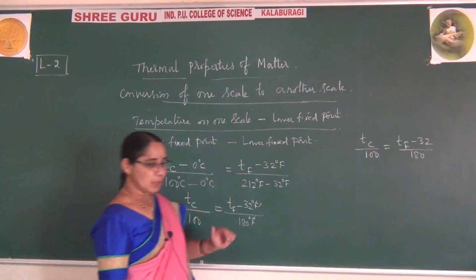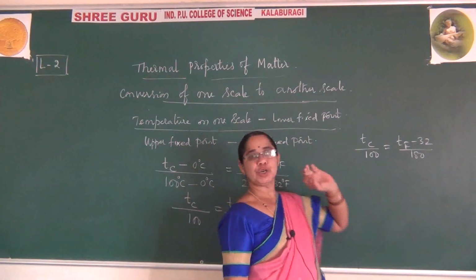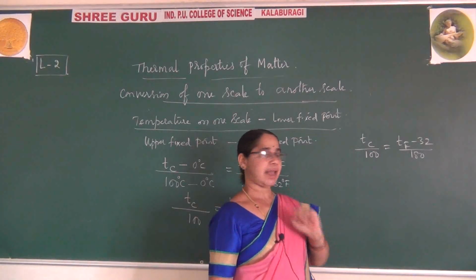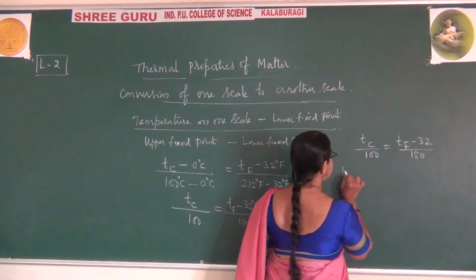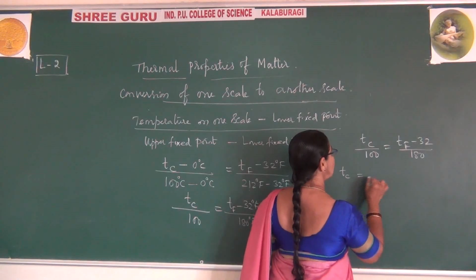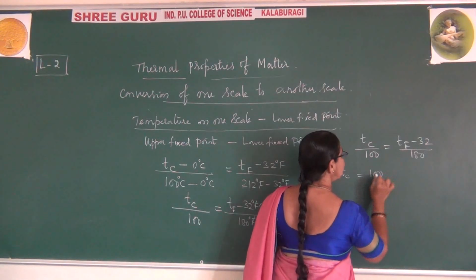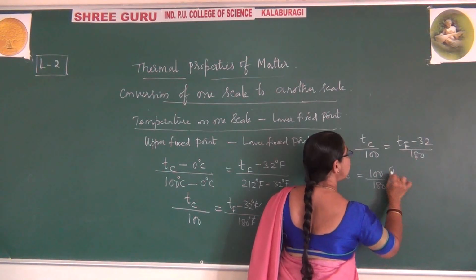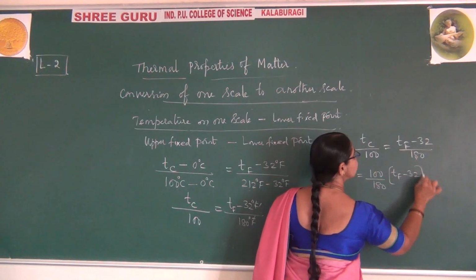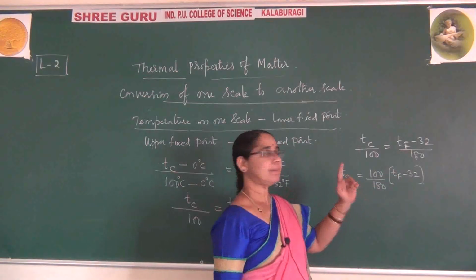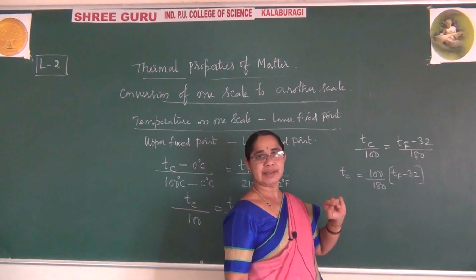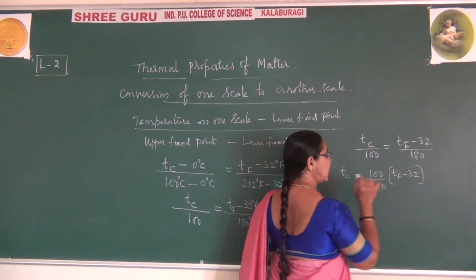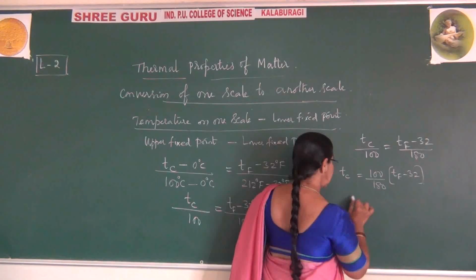Now let me show you one step on how to write the expression for the Celsius scale. I can write T subscript C is equal to 100 divided by 180, taking this 180 to this side, times Tf minus 32. I am just cross multiplying. So 100 by 180, that is 5 by 9.